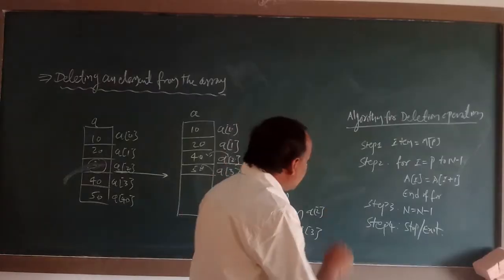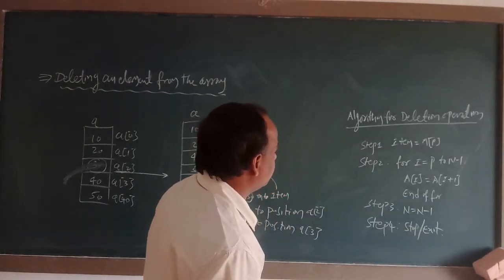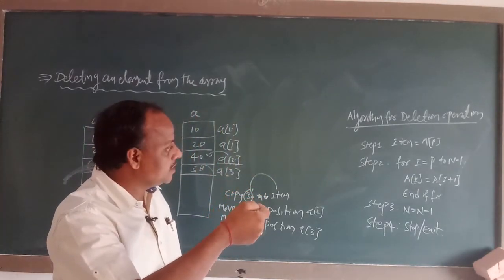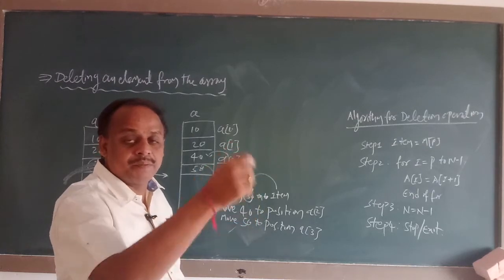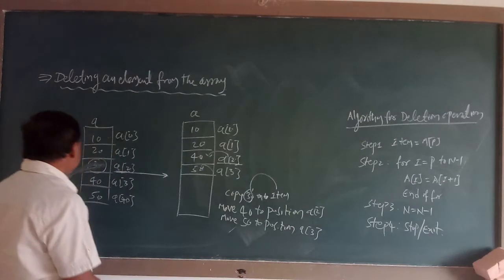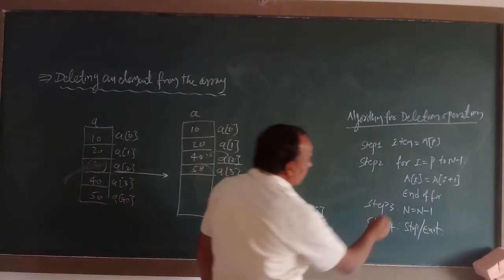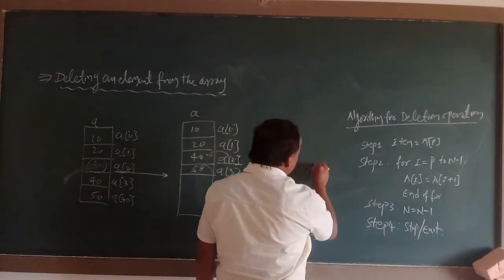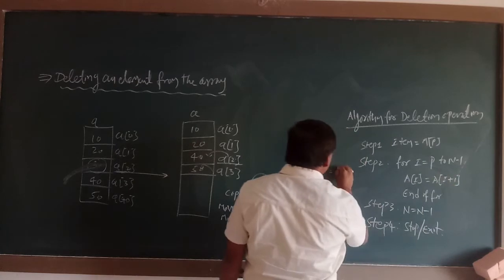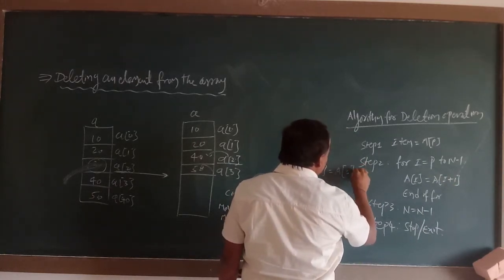What we have to do? A of I is equal to A of I plus 1, where I is equal to P to n minus 1. P is the position where element is deleted. Present P is 2. So A of 2 is equal to A of 2 plus 1, that is A of 3.